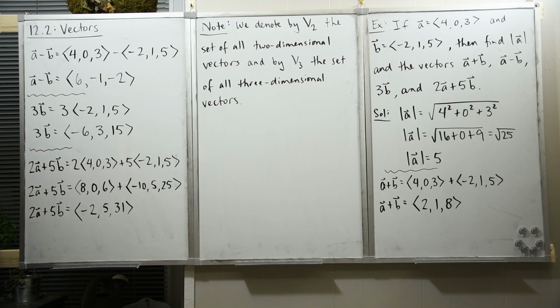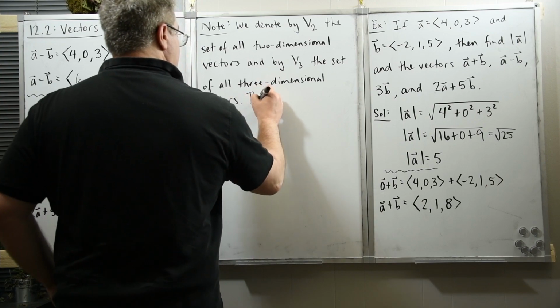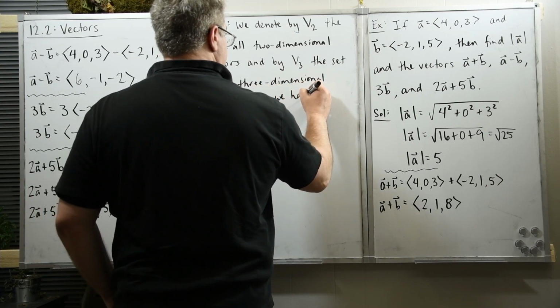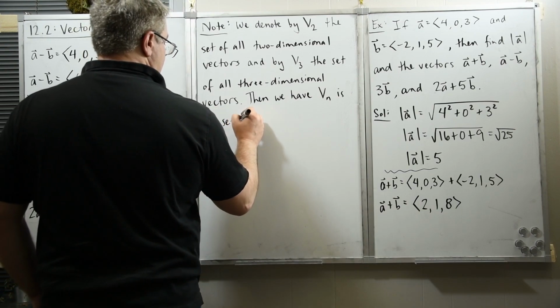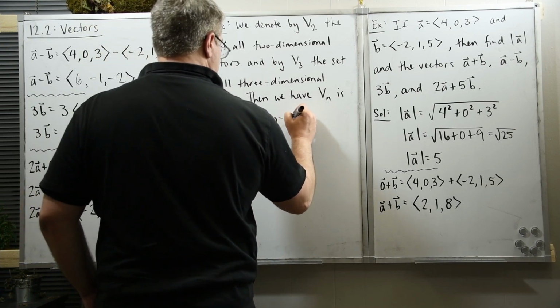Well, if that's the case, then we have capital V sub n is the set of all n-dimensional vectors.